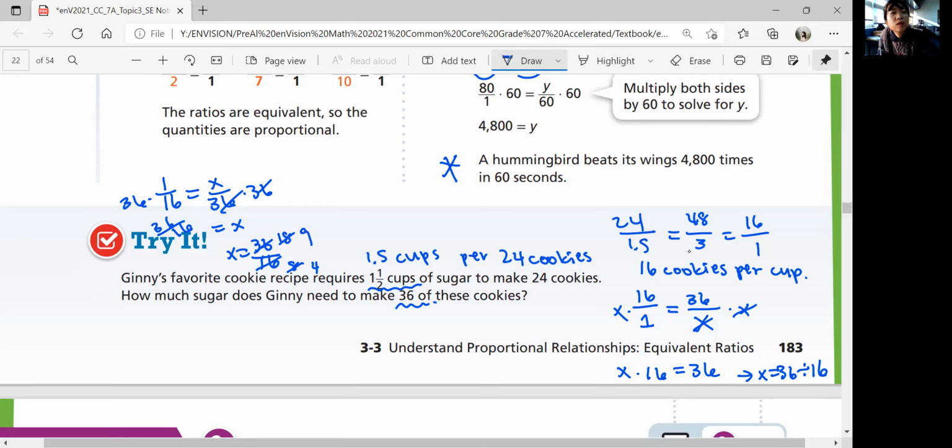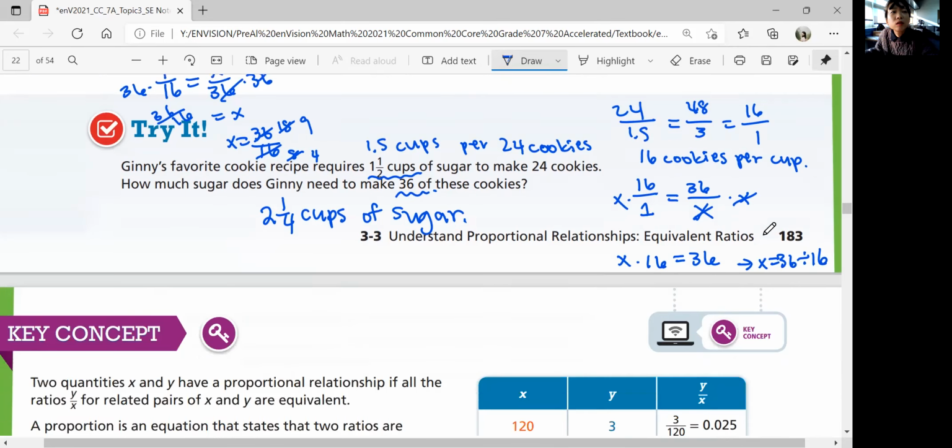So what is this as a mixed number? You can say 2 1/4 cups of sugar. Okay, so Ginny needs 2 1/4 cups of sugar in order to make 36 of these cookies.